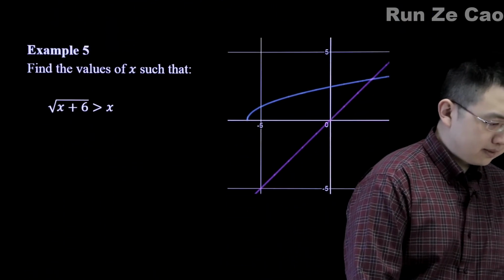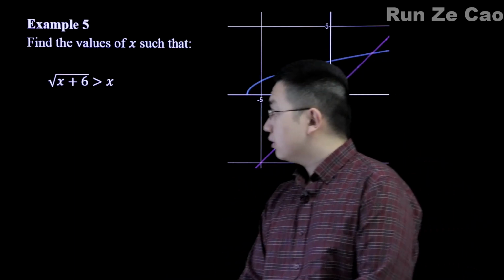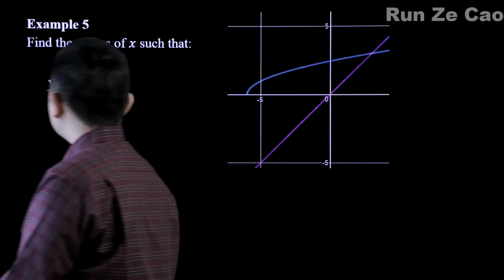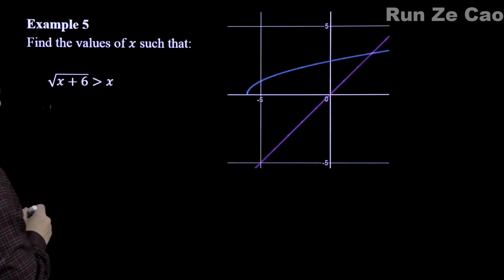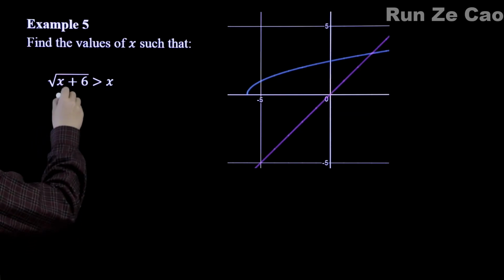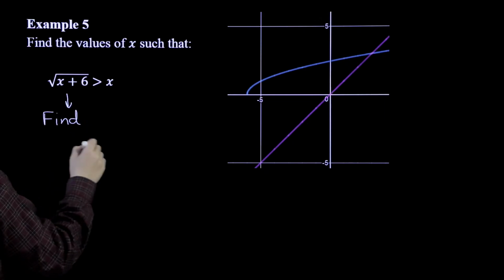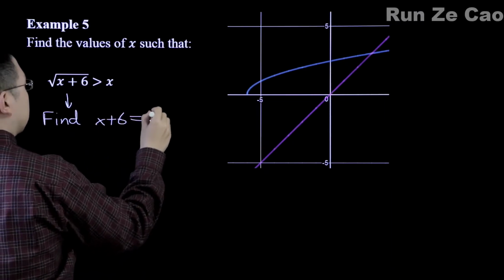All right. So here we have another example, example 5. Find the values of x such that the square root of x plus 6 is greater than x. This basically asks you to find x plus 6 equals x squared.